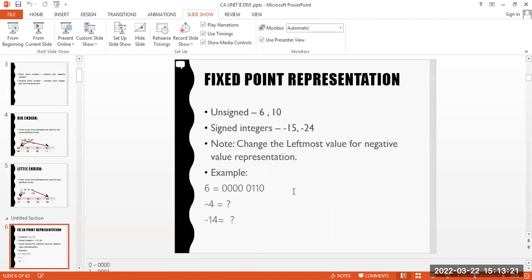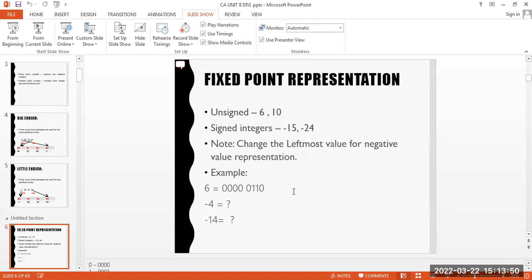If you represent 6 and 10, these are unsigned numbers. If you represent signed numbers, that is negative numbers like -15, -24, -36, we have to represent them with a sign. The leftmost bit is used for the negative value representation.